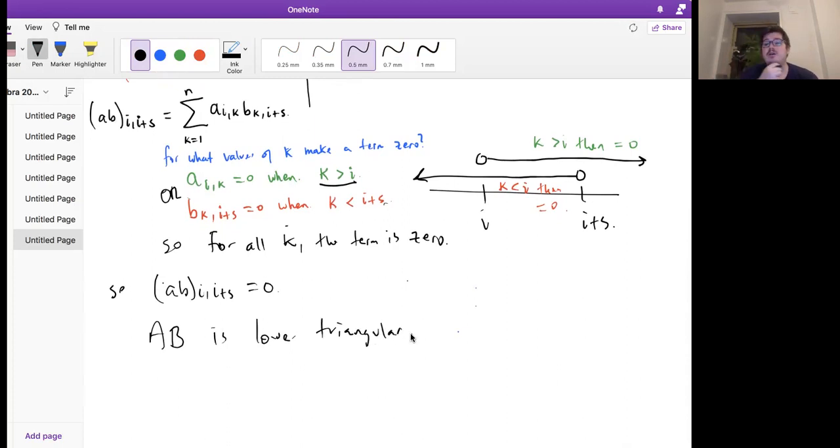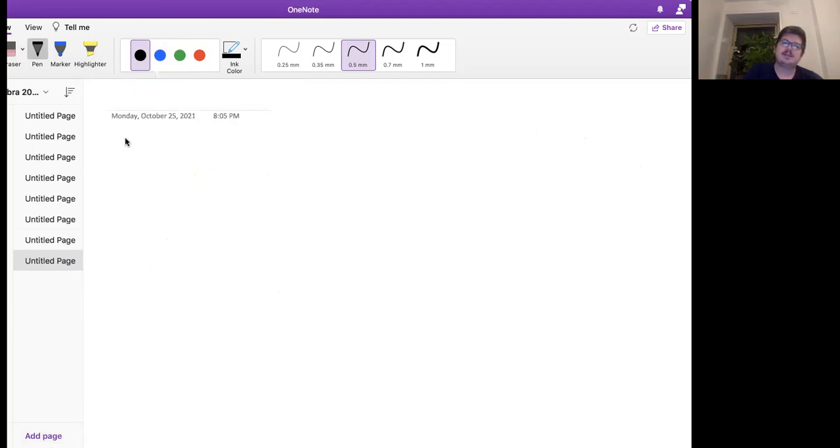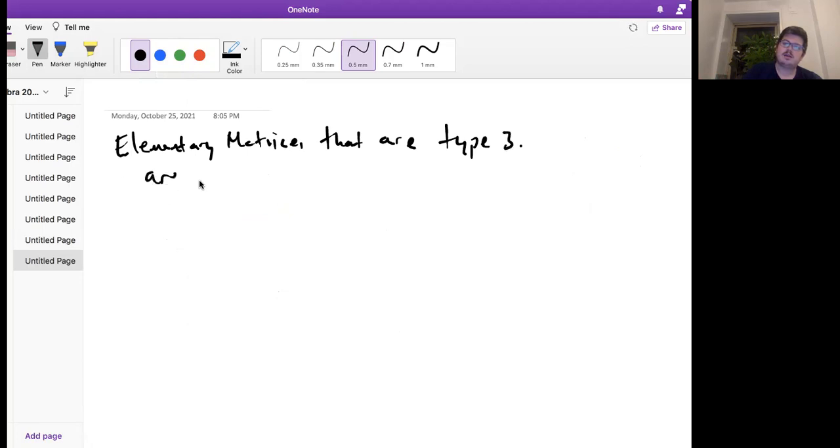Okay, so why talk about all this? You can do the same for upper triangular, with a similar proof. The reason to talk about this is that elementary matrices that are type 3 are either lower or upper triangular.